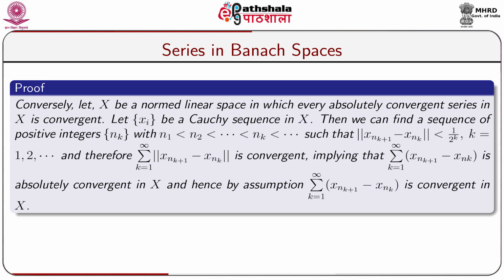Then we can find a sequence of positive integers n_k with n_1 < n_2 < ... < n_k < ... and so on, such that the norm of x_{n_{k+1}} minus x_{n_k} is strictly less than 1/2^k, where k is equal to 1, 2 and so on.